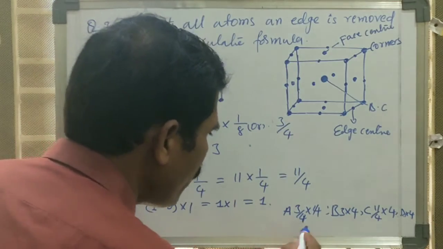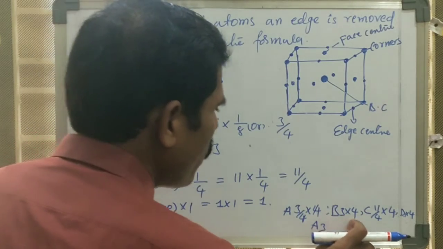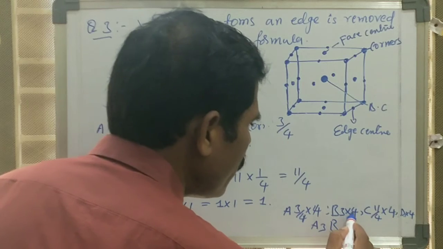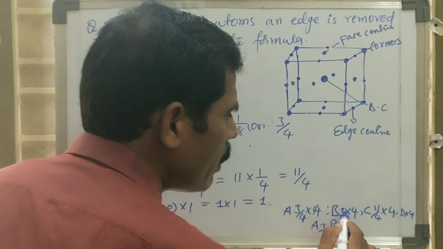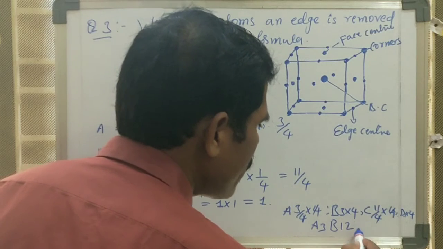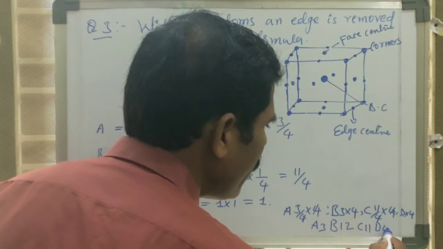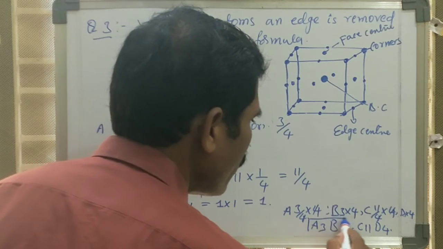The 4 cancels, so A is 3 and B is 12, since 3 fours are 12. Then for C the 4 cancels, so C is 11. Then D is 4. This is the formula.